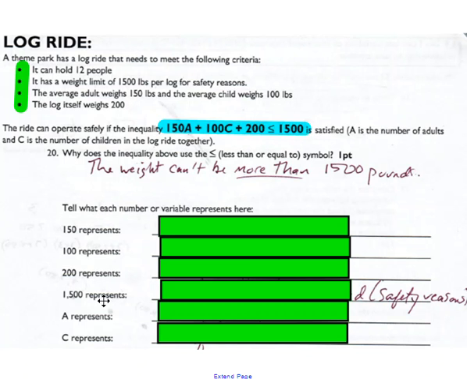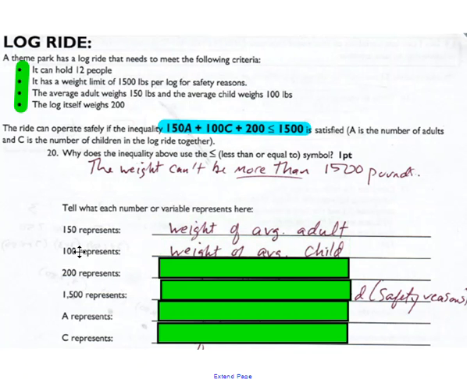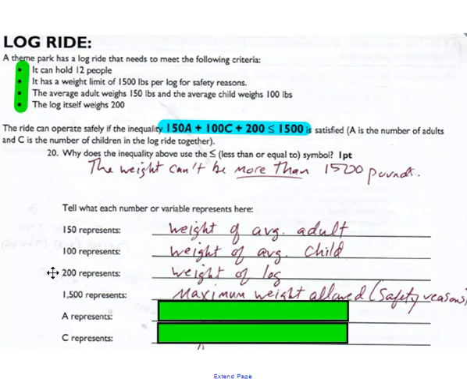They want you to explain what each of these things represents in the problem. Well, the 150, that's the average weight of an adult. Okay, according to this situation, that's what that was. The 100 was the average weight of a child. The 200 was the weight of the log itself. The 1,500 was the maximum weight allowed for safety reasons.